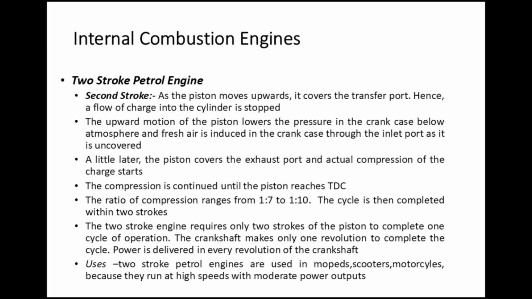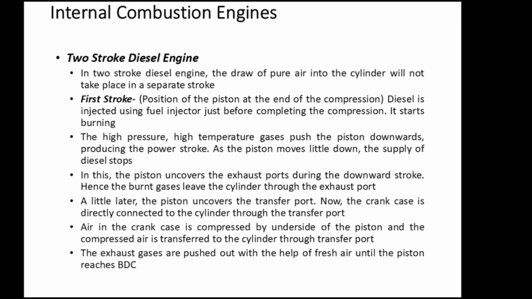The crankshaft makes only one revolution to complete the cycle. Power is delivered in every revolution of the crankshaft. Uses. Two-stroke petrol engines are used in mopeds, scooters, motorcycles because they run at high speeds with moderate power outputs.